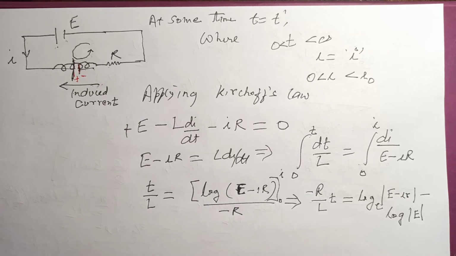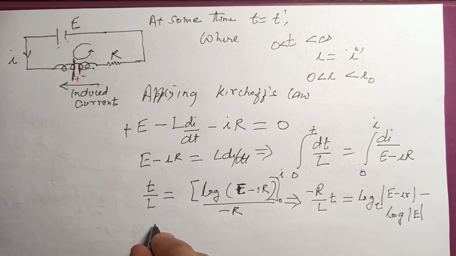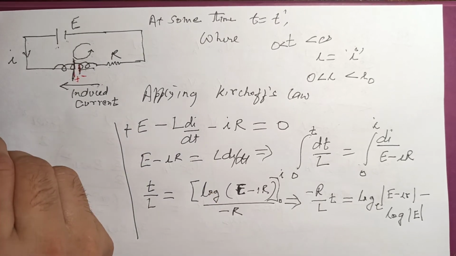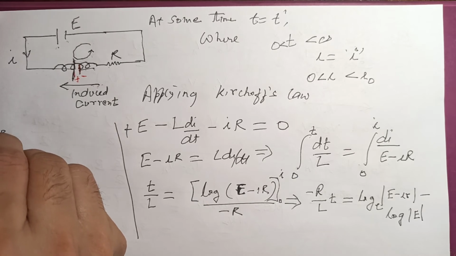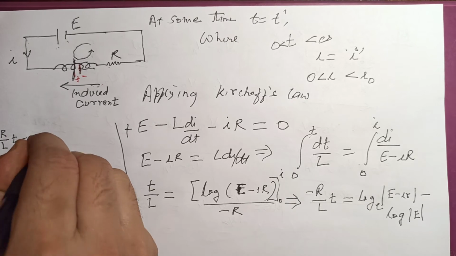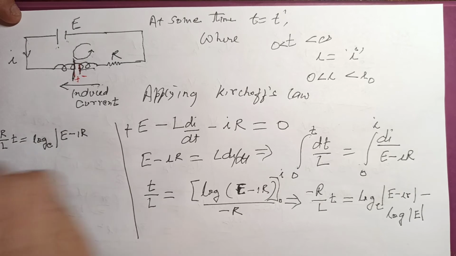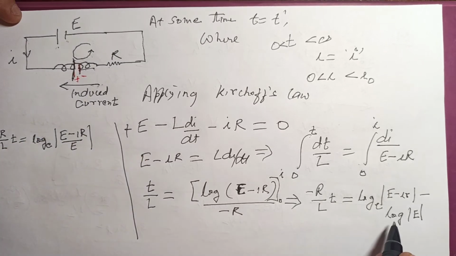Now, okay, so let me do it here. So this becomes minus R by L, t is equal to log of E minus IR, correct, by E from here. So I have continued here.